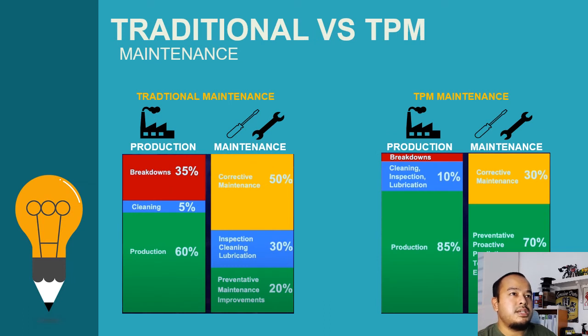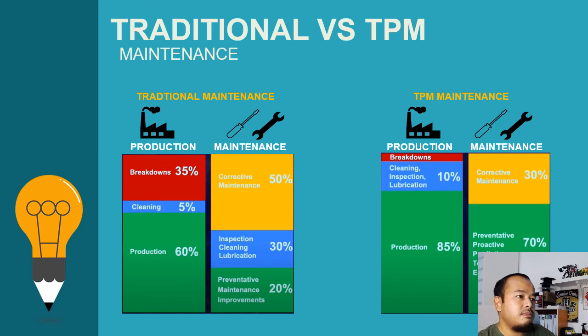So what is the traditional method versus TPM maintenance? In this breakdown diagram we can see the difference between traditional and TPM. In terms of production, when we implement the traditional method, breakdown is 35%.